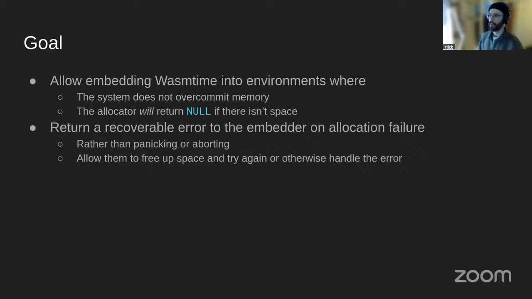And so the goal is that when the allocator gives us null, then we are going to return a recoverable error and propagate that out to the embedder, whatever the embedder's public API was that it called into Wasmtime with. And we'll do this rather than panicking or aborting, which allows them to free up space and try again, or otherwise do whatever they feel is best in this scenario.